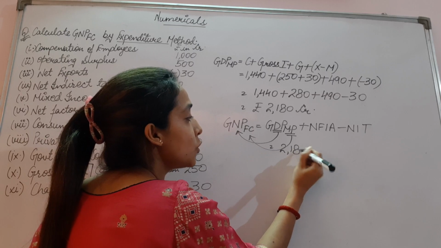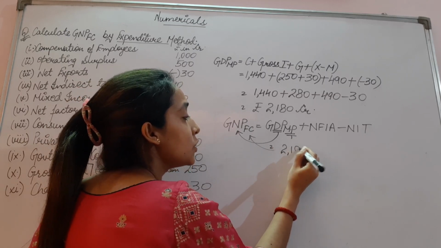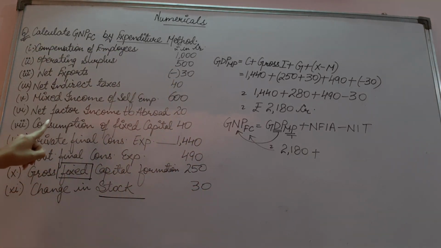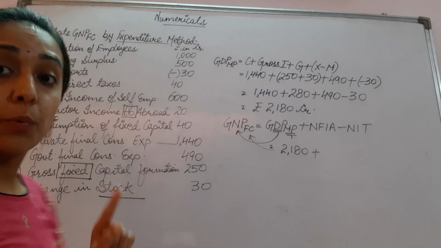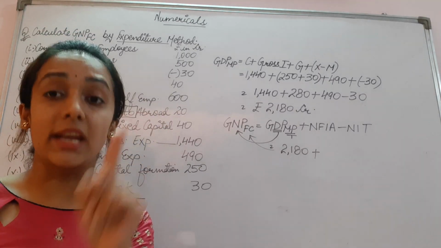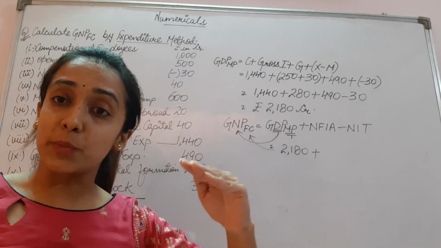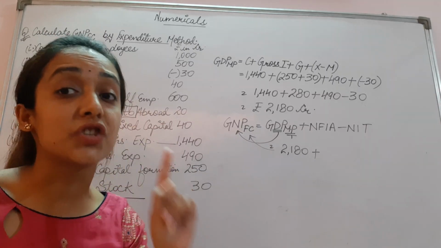So it will be 2180 plus NFIA. What is NFIA given? Net factor income to abroad. When to abroad is given, it means the paid amount is more, so the sign will be changed.